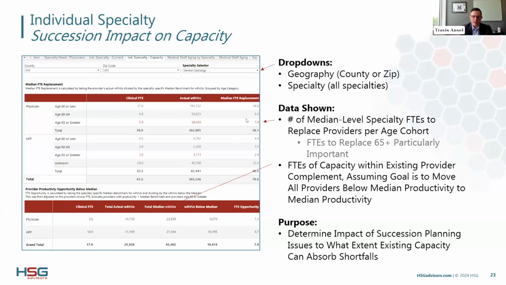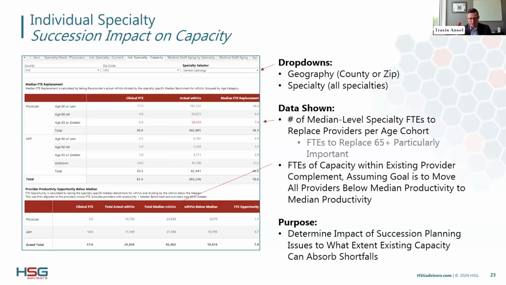So if we look at that and say, okay, we have 5 FTEs that are going to take 7.5 people to replace, the first logical question to ask is, how much capacity do we have within our own network to absorb that volume? And so this table, the second table on the capacity worksheet, is what we call provider productivity opportunity below median.